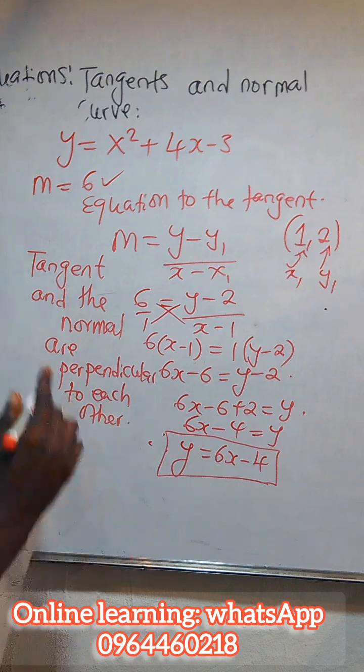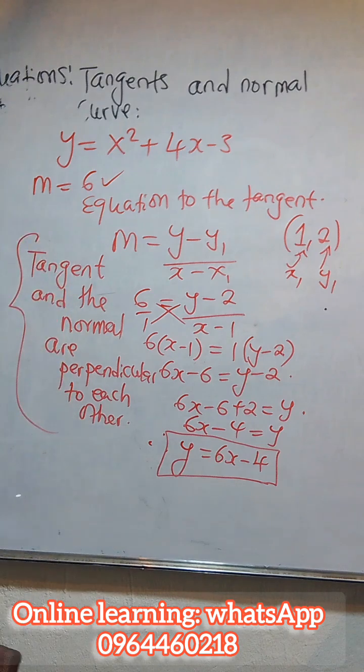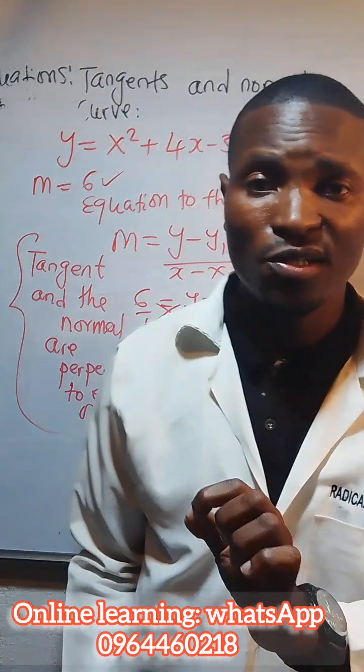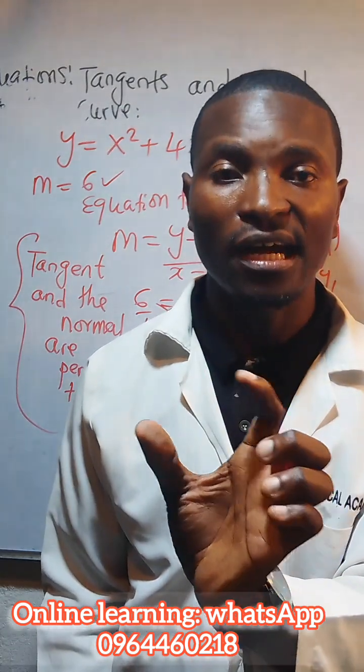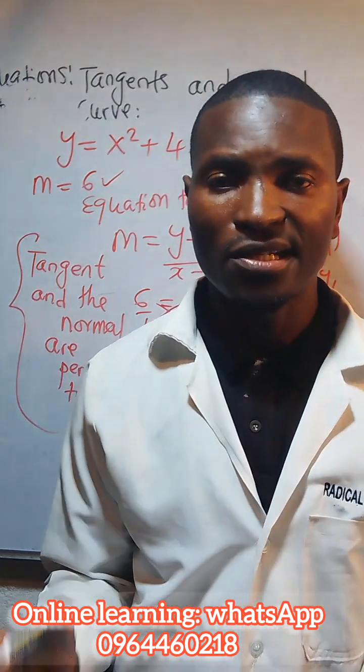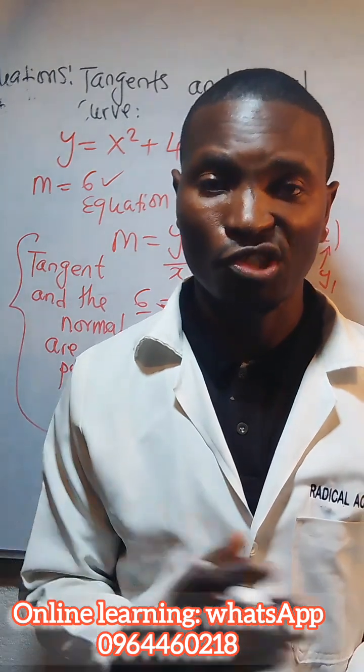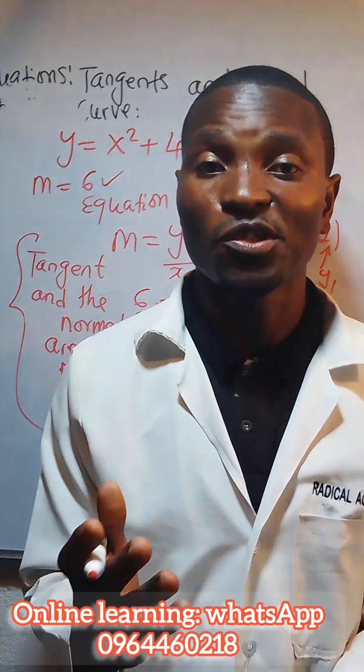This is the most important concept that you have to understand. The tangent and the normal are perpendicular to each other, and that's what you need to know.